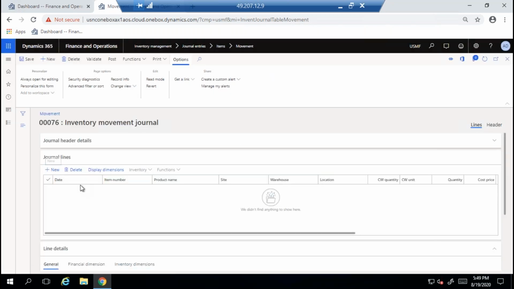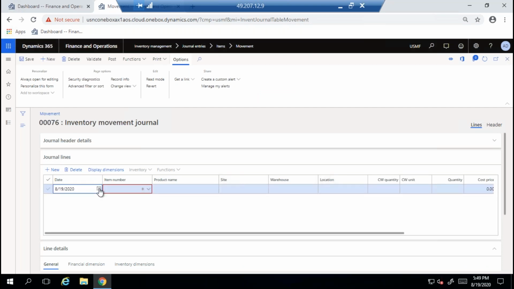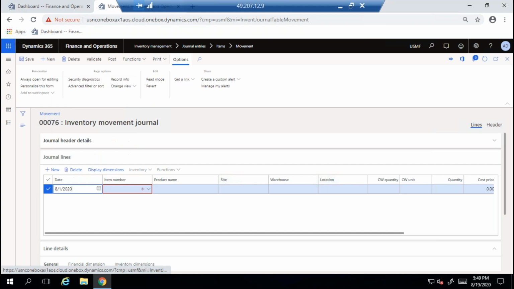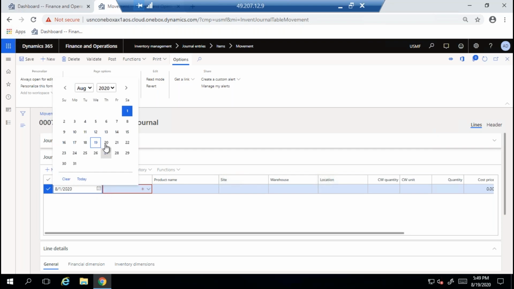Then you can click on new. So on which date our product is going live, like Dynamics AX is going live, on that day I need to select. So here there are two options. Suppose from August 1st, this Dynamics AX is going live for that client. Don't use August 1st, try to enter 31st July.